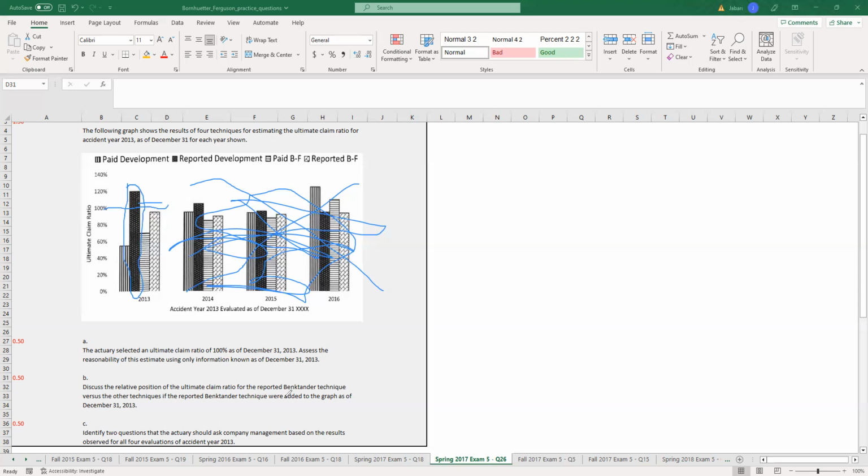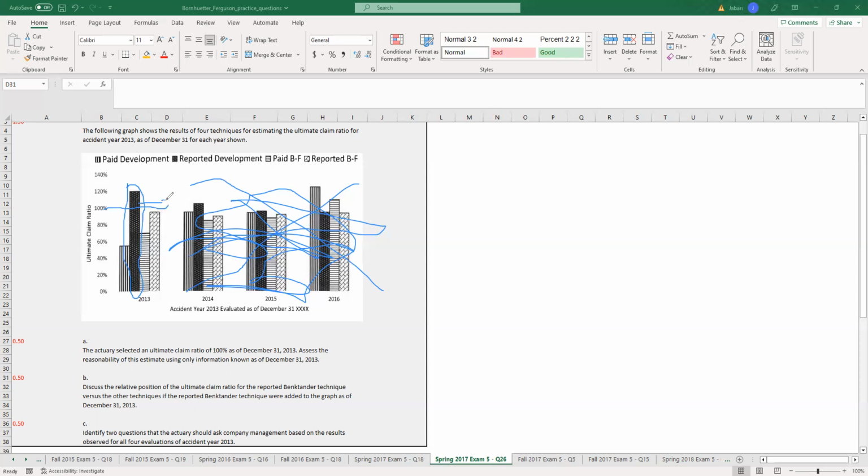So the more we iterate, the closer it becomes to the loss development technique, meaning the paid Benktander technique is going to be in between the paid development technique and the paid BF technique. And the reported Benktander technique is going to be in between the reported development and the reported BF.